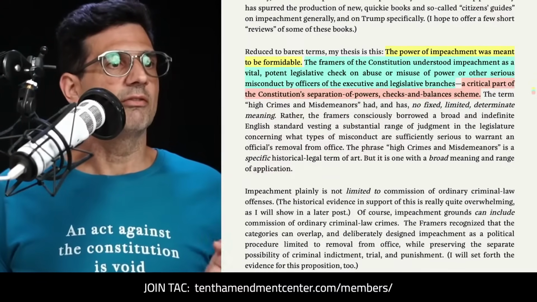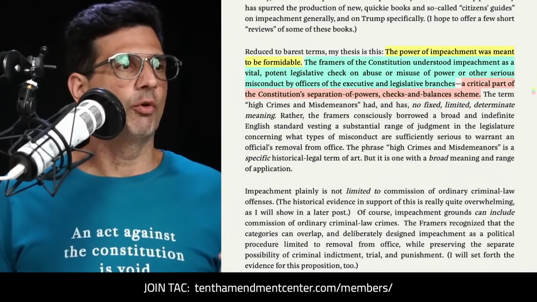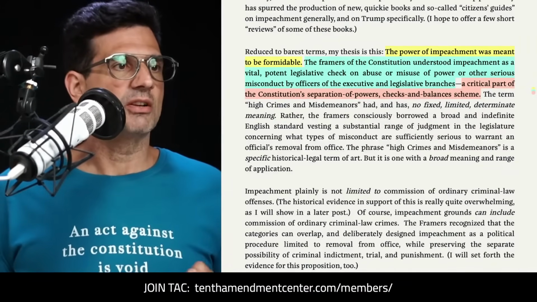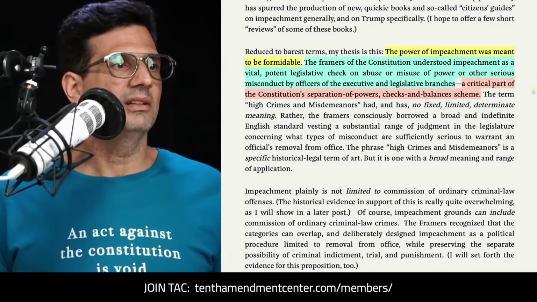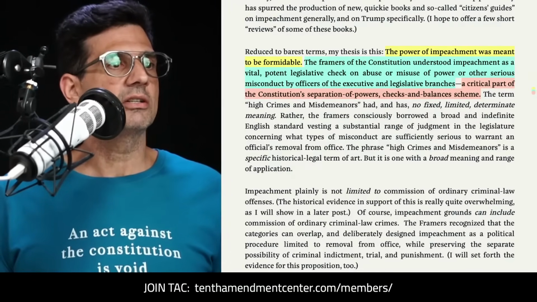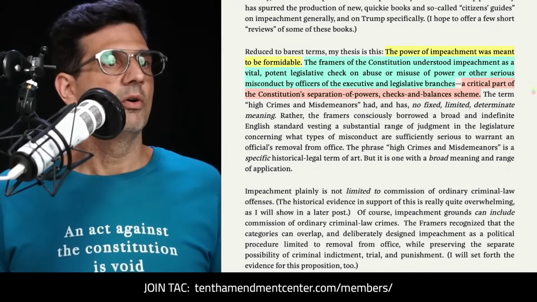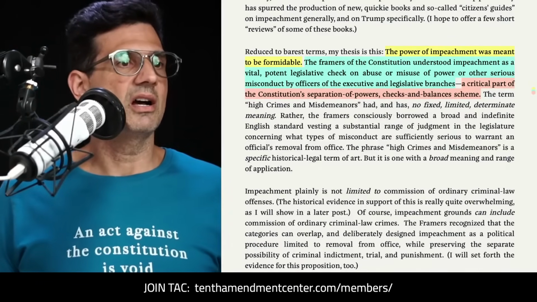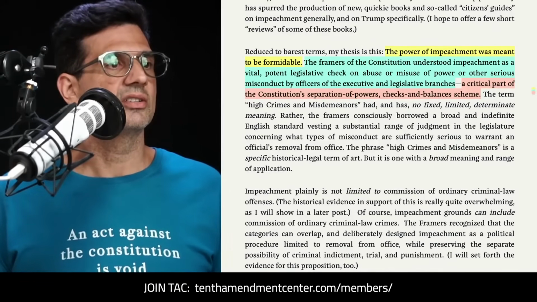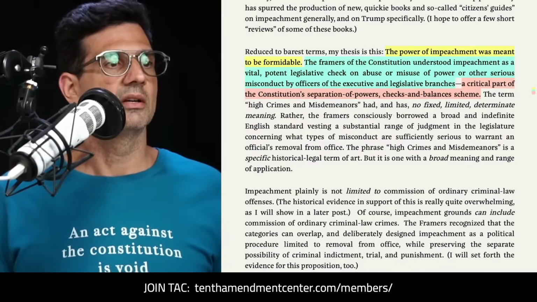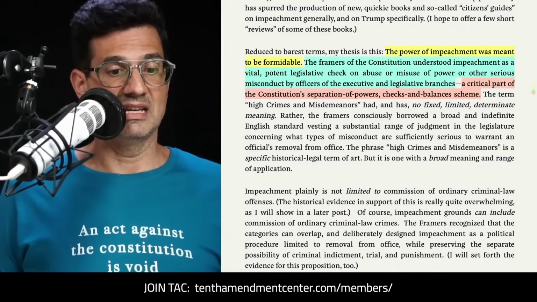He said, the power of impeachment was meant to be formidable. The framers of the Constitution understood impeachment as a vital, potent legislative check on abuse or misuse of power or other serious misconduct. A critical part of the Constitution's separation of powers, checks and balances scheme.